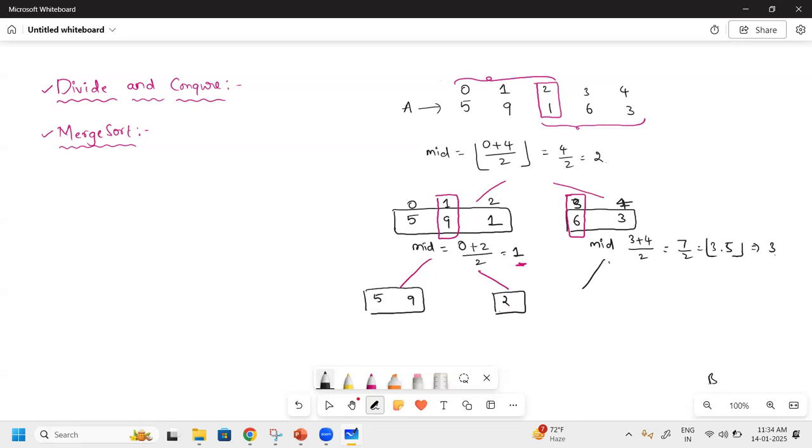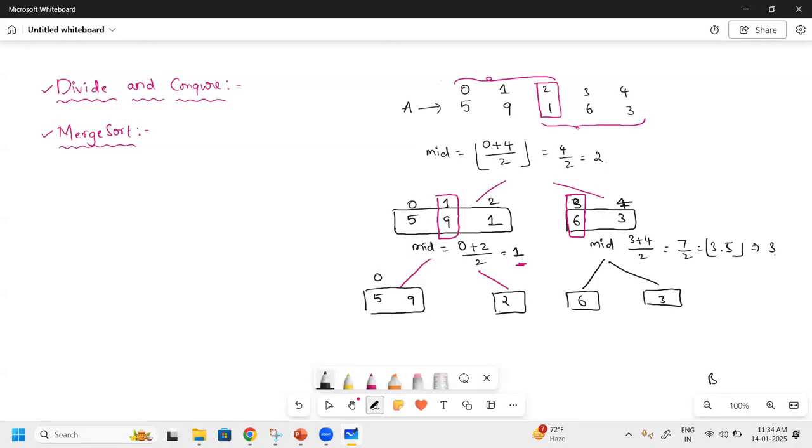Next, when I go for these two, the left hand side has only the element 6 and the right hand side only the element 3. Here, did we get the smallest size? No. The smallest size means we need to get only one element in our array. Here I have two elements, so again I am going to divide this.